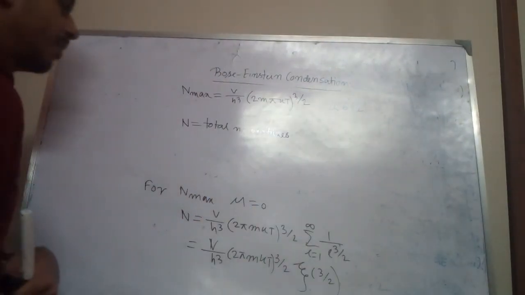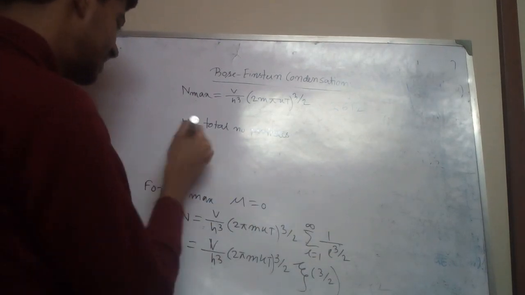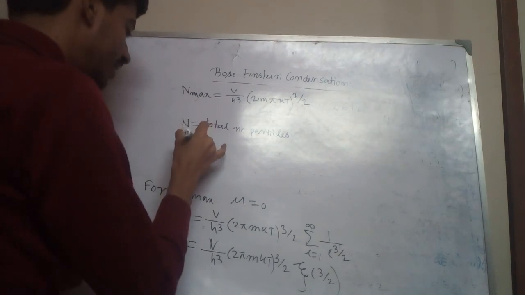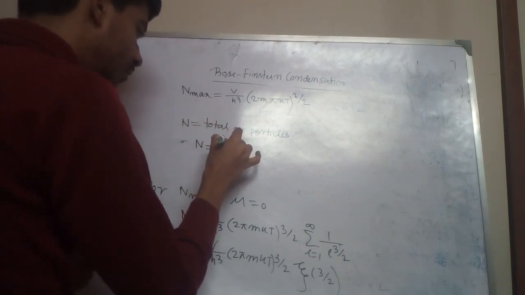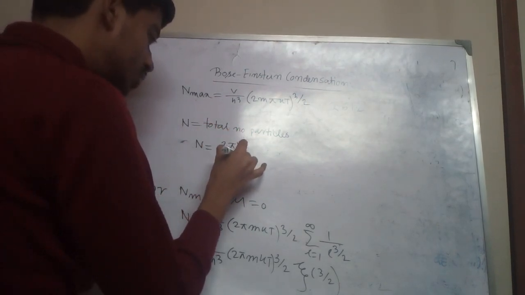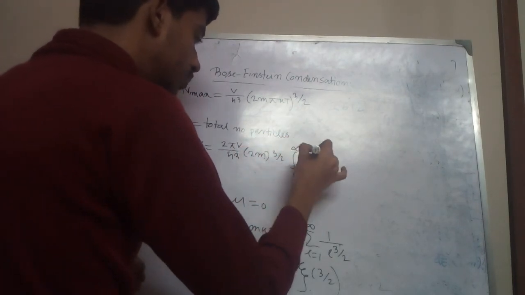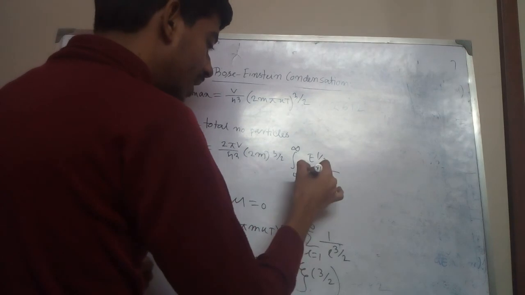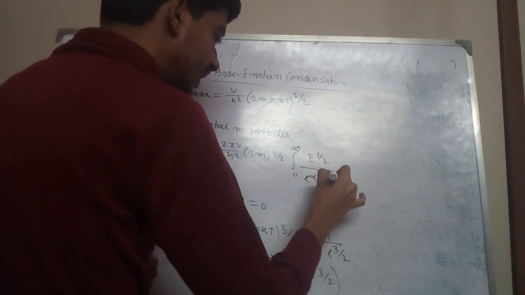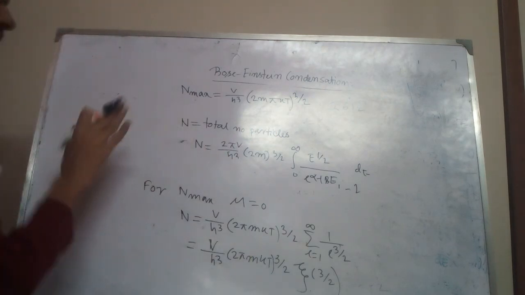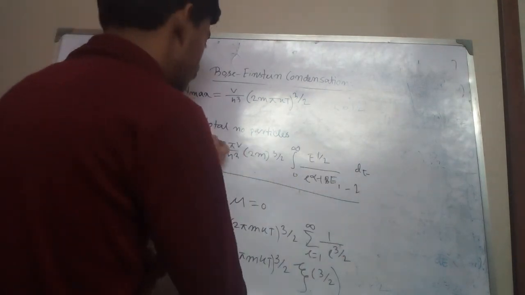From first of all, we start our derivations at this point: 2 pi V by h cubed (2m) to the power 3 by 2, integral from 0 to infinity epsilon to the power half over e to the power alpha plus beta epsilon minus 1 d epsilon. We start our derivations from this point.